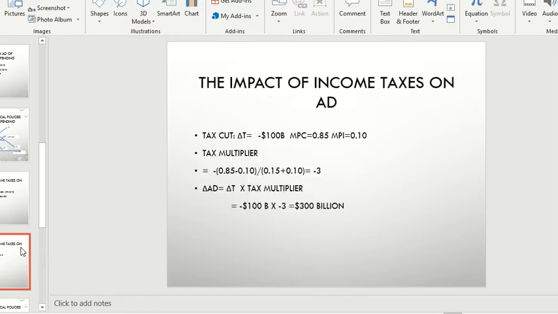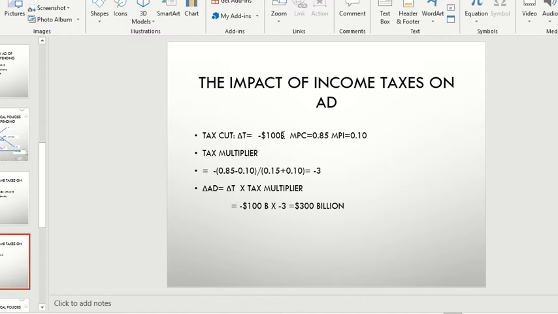But that is not the case for income tax. So with an income tax cut of $100 billion lump sum amount, household members get $100 billion extra income, so they will spend more. But they will not spend the entire $100 billion, not even in the first round.